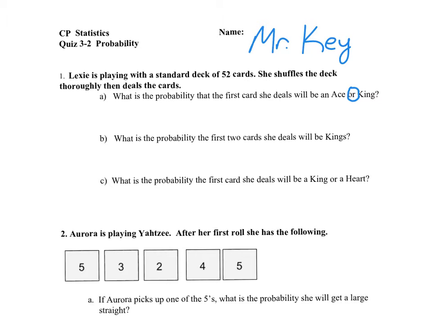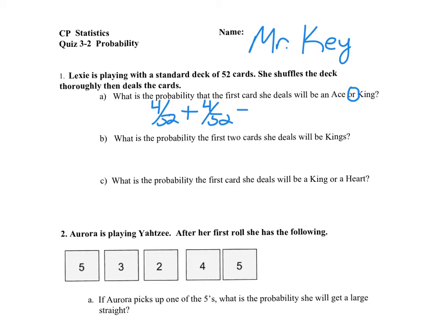So let's see, the probability that the first card she deals will be an ace is 4 out of 52. There's 4 aces in the deck, and there's 52 total cards. And I'm going to add to that the probability that the first draw is a king. So that's another 4/52.